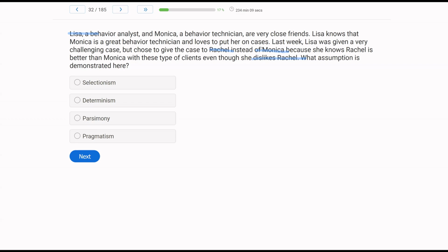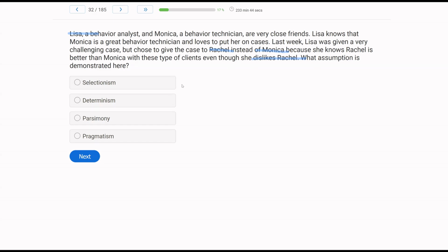Regardless, what does Lisa do? She still gives Rachel the case. Now, this is why it's a little tricky, because what does that demonstrate? What assumption is Lisa following? She is strictly going on what she believes is going to work and what she believes is going to be best for the client. That is Lisa's whole motive. What assumption is Lisa adhering to?